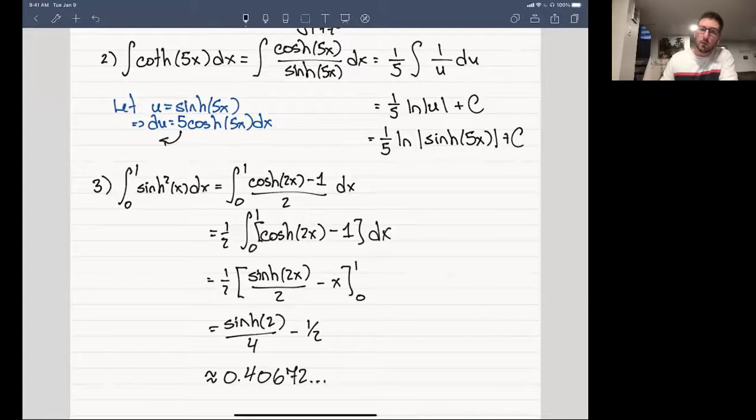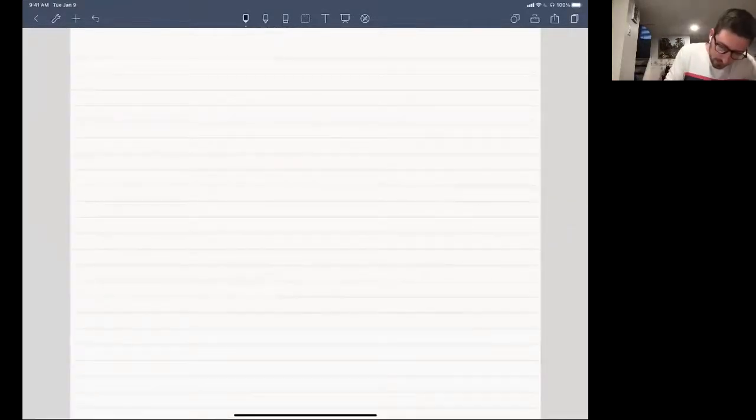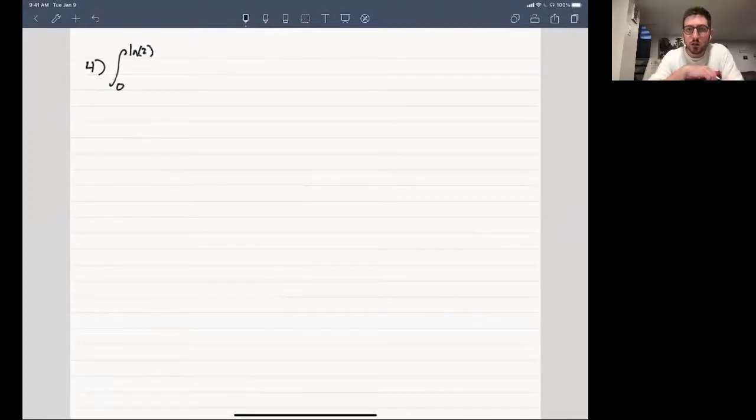Okay, let me give you one more example here. This is going to look like a really ugly function until we remind ourselves that we just need to use the definition of sinh. So maybe I give you an integral from 0 to the natural logarithm of 2 of 4 e to the x sinh of x dx.